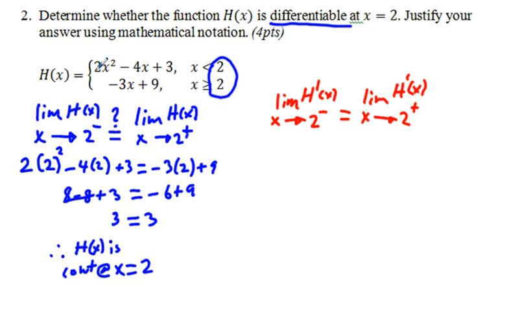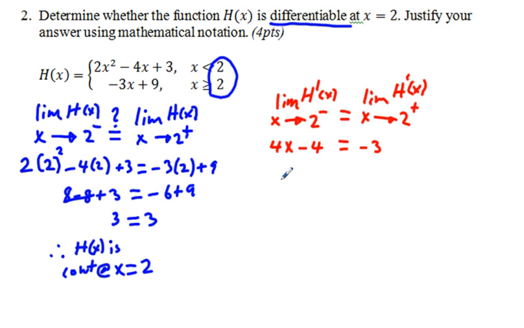And so doing this, we're going to differentiate the left side. And before substituting, we'll just differentiate first. We say 2 times 2 out front is going to be 4x, and then the derivative of negative 4x is minus 4 equals the derivative from the right side, which is going to be negative 3.